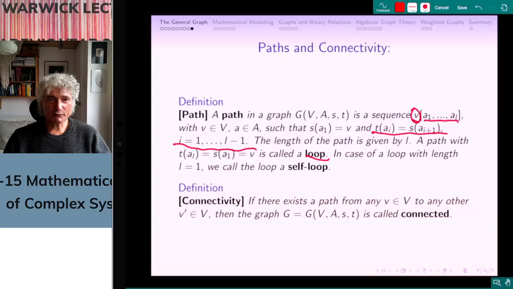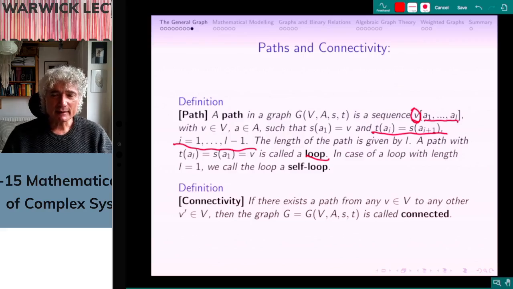So you only require that there is a path of arrows using arrows in one direction, but you don't require in this definition that there is a backward path which also goes from v prime to v instead of v to v prime. If you always have this property that the path is going from v to v prime and from v prime to v, then you would call that strongly connected.